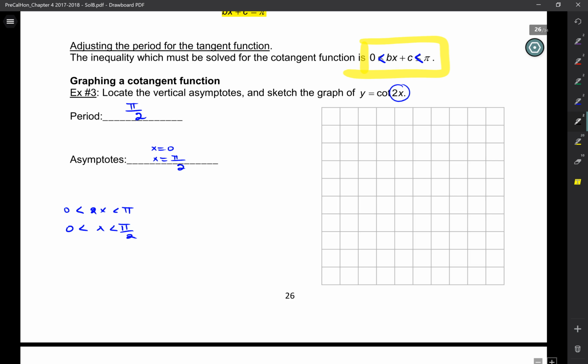All right. We're going from 0 to pi over 2. So 0, 1, 2, 3, pi over 2. In the middle, it's pi over 4. Okay? What is it before then? Okay, pi over 8, 3 pi over 8.